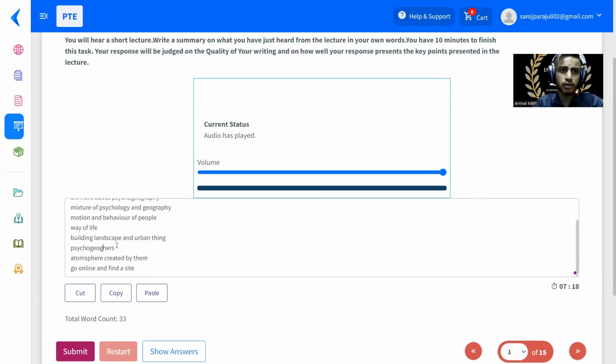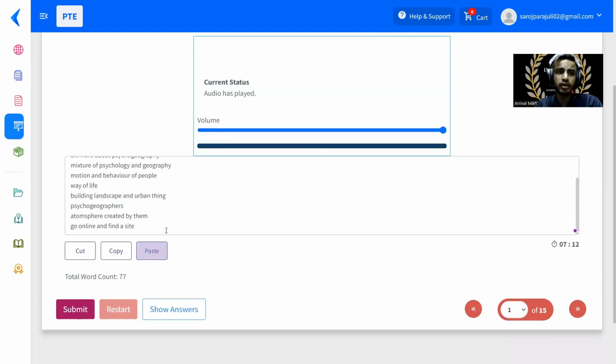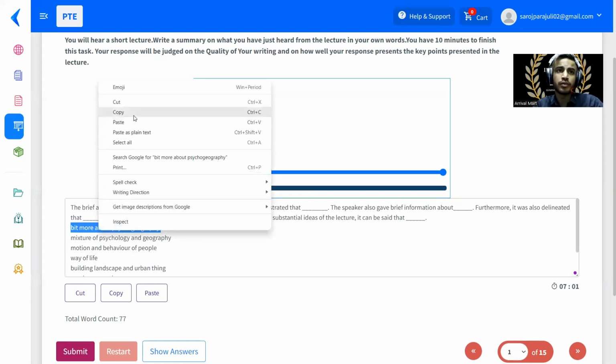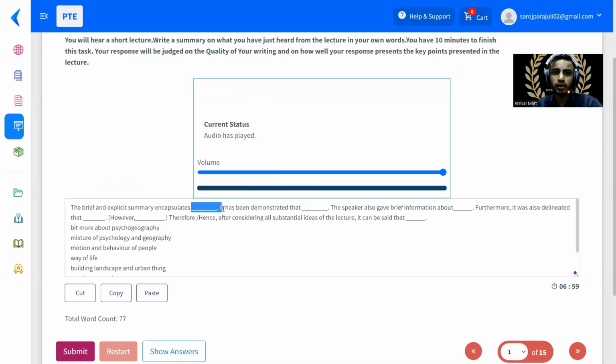Geographers, atmosphere created by them. Go online, and okay, it can be said that it encapsulates a bit more about psychogeography, I guess.